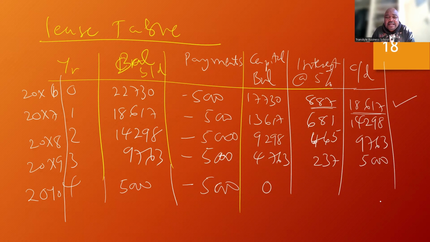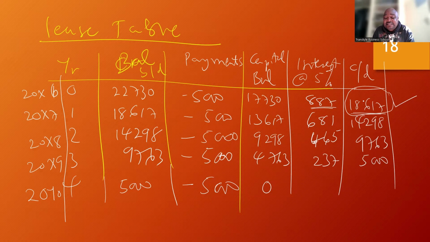At the end of year one, this is the total liability, but of this, only 5,000 has to be paid in the next year, or in one year's time.